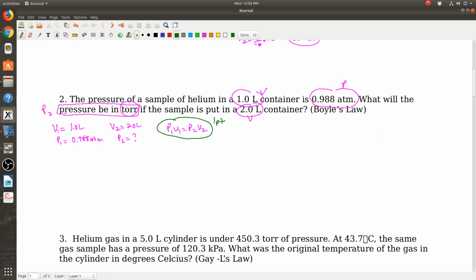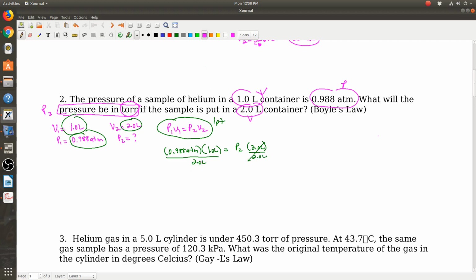Now, let's fill it in. P1, 0.988 atmospheres times V1, 1 liter, is P2, which is my unknown, times 2.0 liters, my V2. Okay, now we're going to divide both sides by V2, or the 2.0 liters.